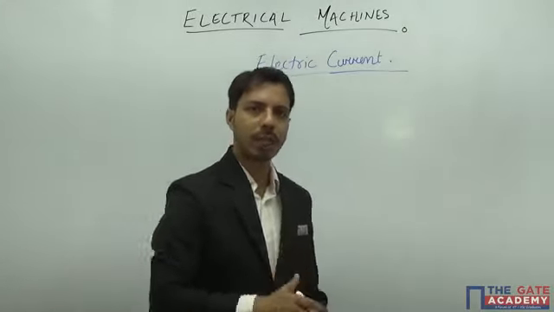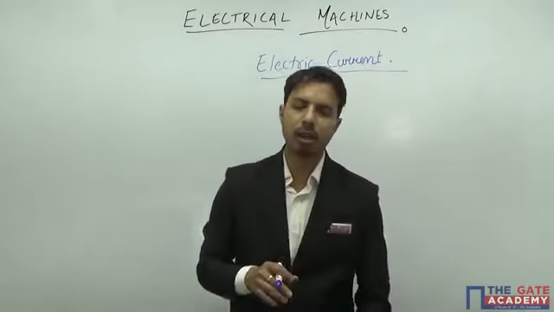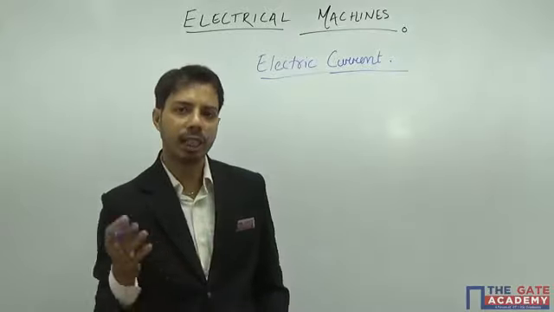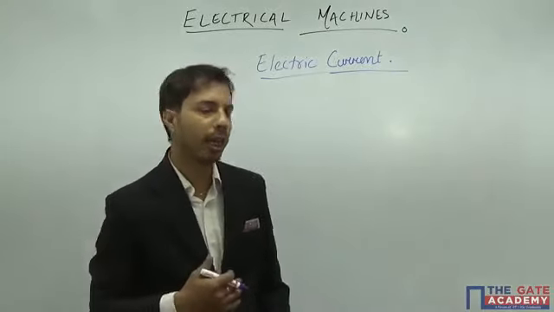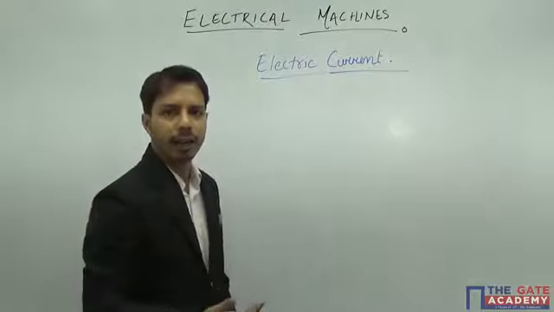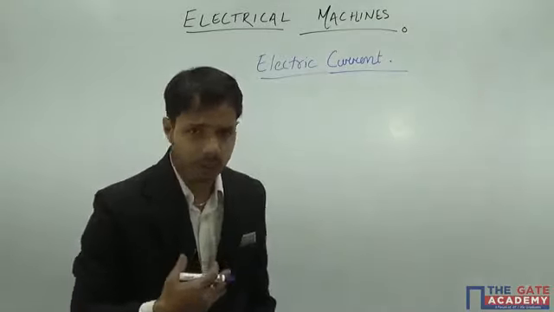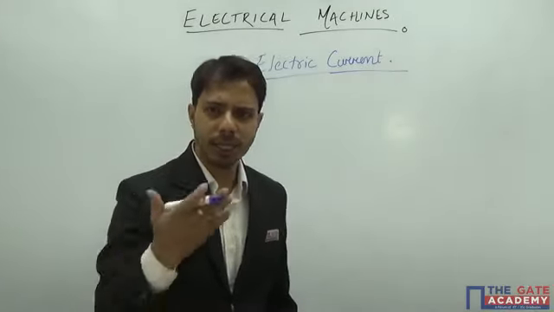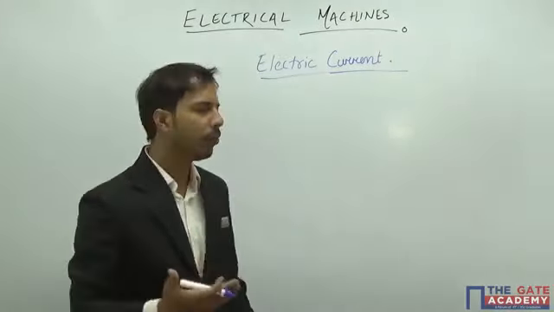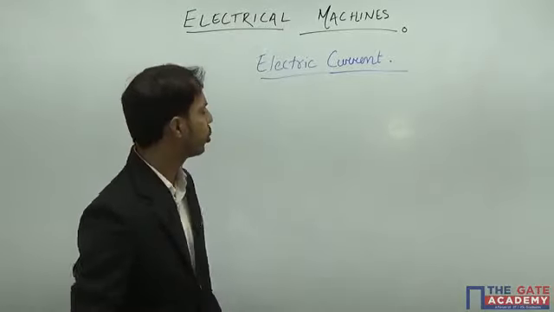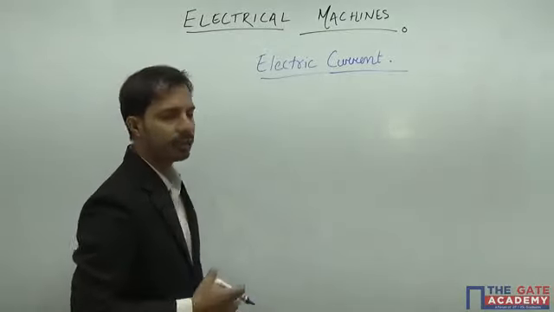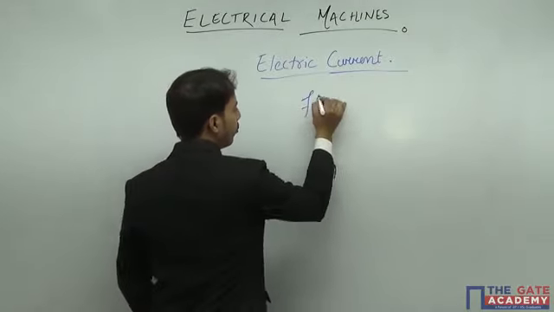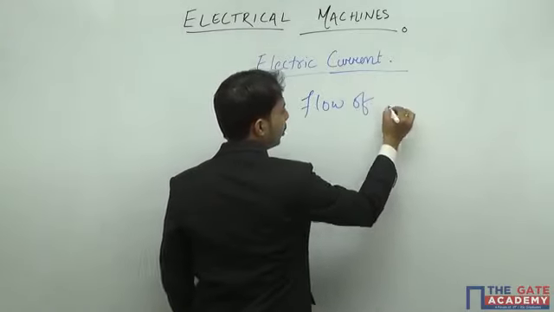We know that protons cannot flow because they are situated in the nucleus of the atom, whereas the electrons revolve around the atoms in the orbits, and given an electric field, these electrons can flow, okay, for certain types of materials. So in other words, we can summarize that electric current is nothing but it is caused due to flow of charge.